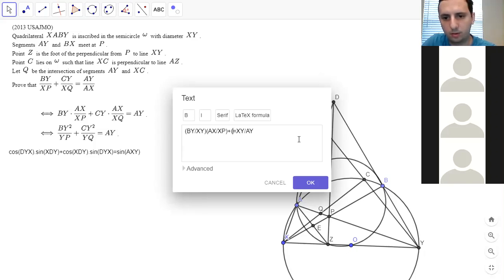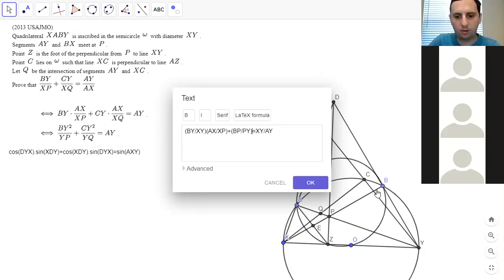So before we said, for this, should we put like by over yp? So let's see, XDY, it's that angle, it's the same as that angle, so bp over py, is that good?